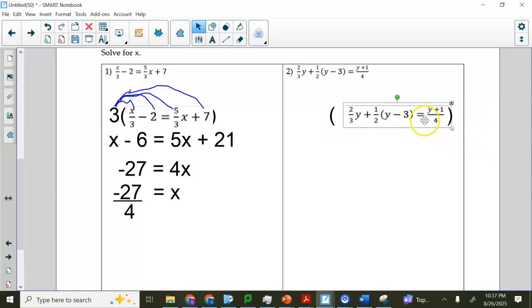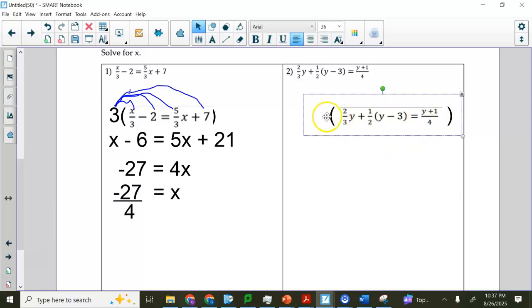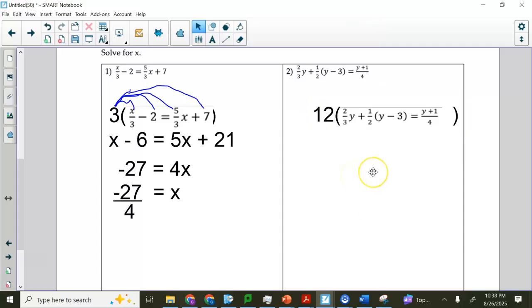The least common multiple of 2, 3, and 4 could be 12. Okay, so 12 will cancel the 3 out, the 2 out, and the 4 out.